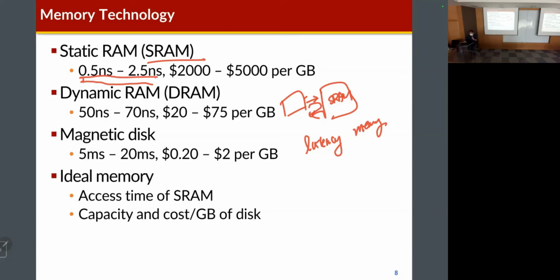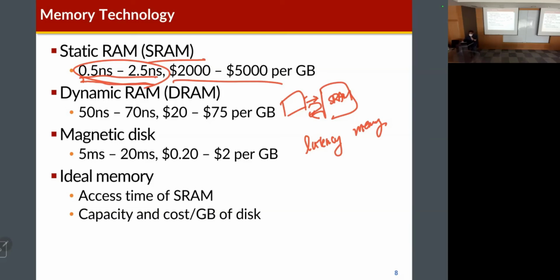But the cost of this SRAM is very, very expensive, right? We can build the SRAM in typical semiconductor technology, the same technology used for building ASICs, so it's a normal chip.